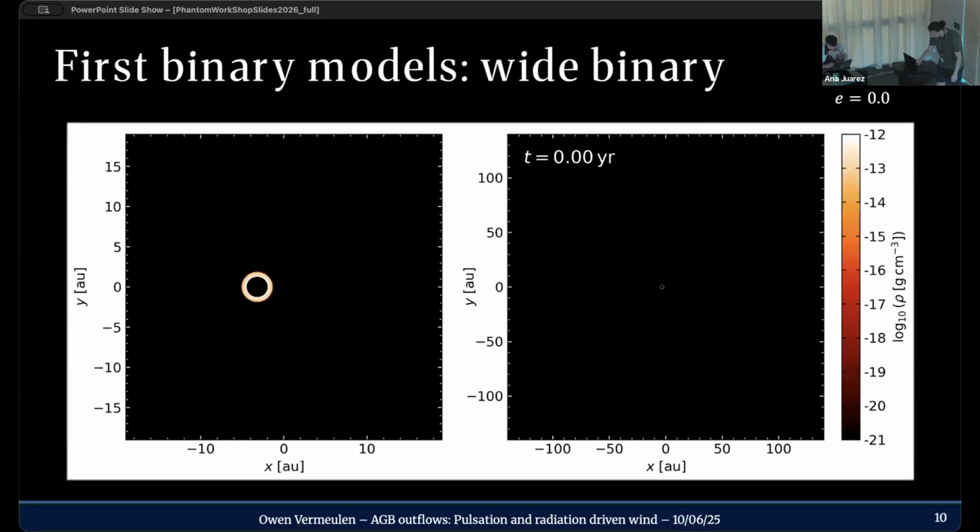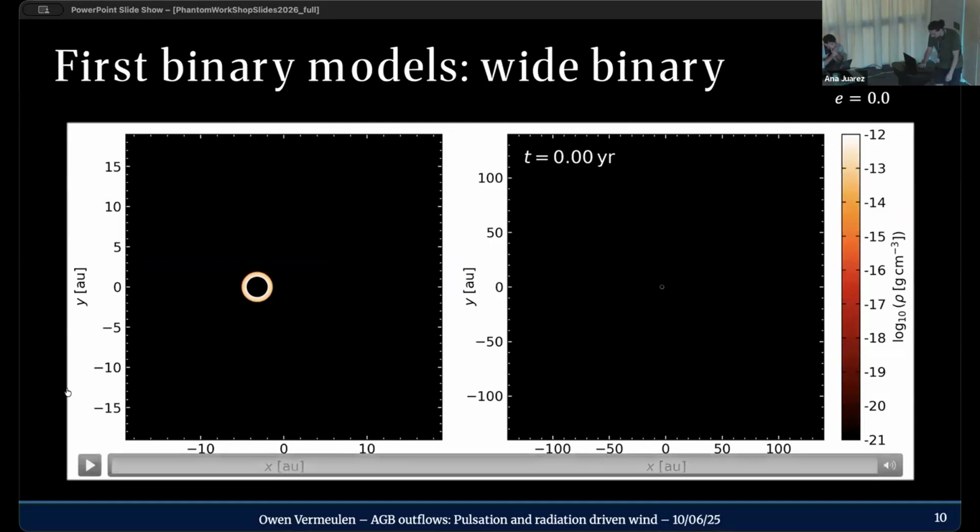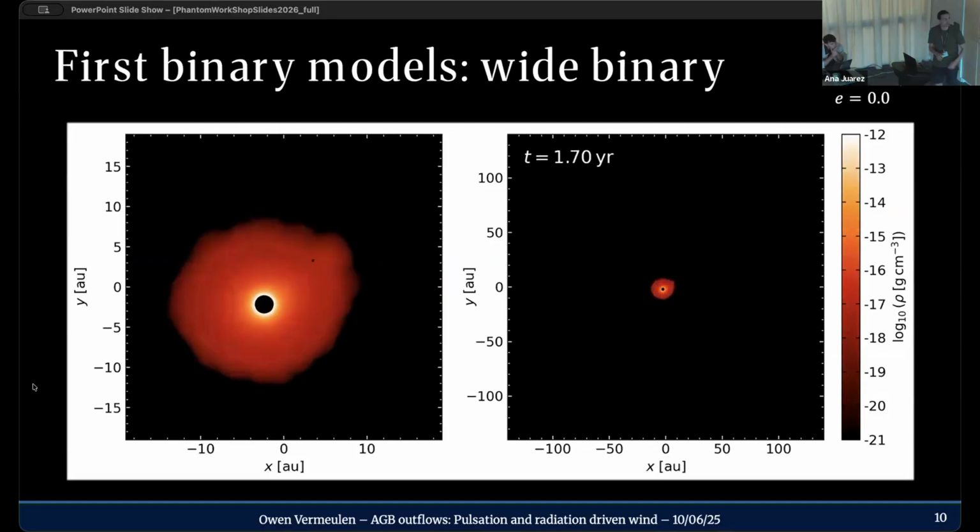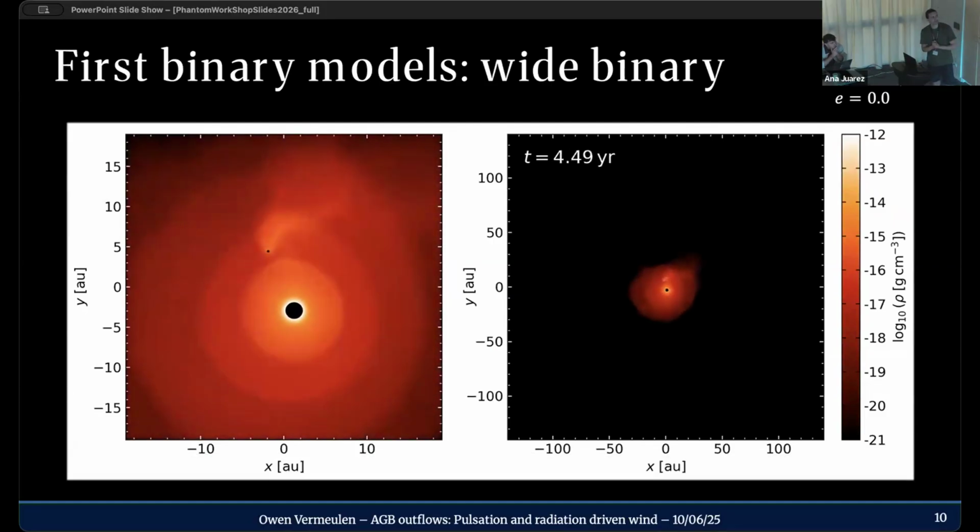Now, of course, everything becomes a bit more interesting when we add a second star. So I have 3 preliminary binary models to show. Now, these models are quite old, but I expect them to be almost the same in the most recent version. So first, I have a wider binary. So on the left, I always show a more zoomed in orbital plane, on the right, a more zoomed out version. And the orbital parameters are shown on the top right.